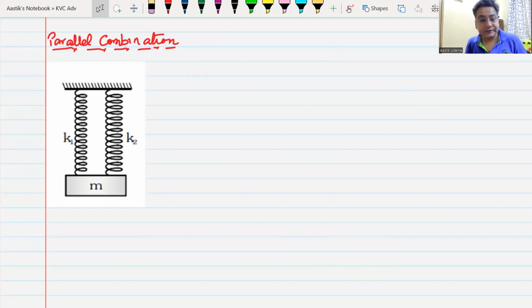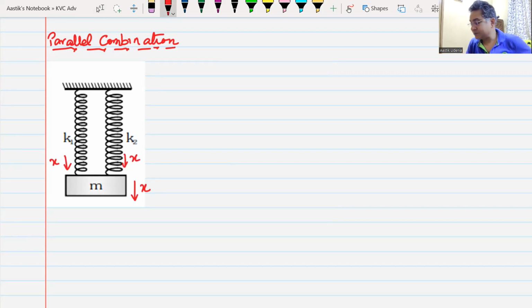If I connect two springs like this, and if I displace this mass by x, what will be the displacement or extension in both of the springs? The displacement in both of the springs would be x and x.